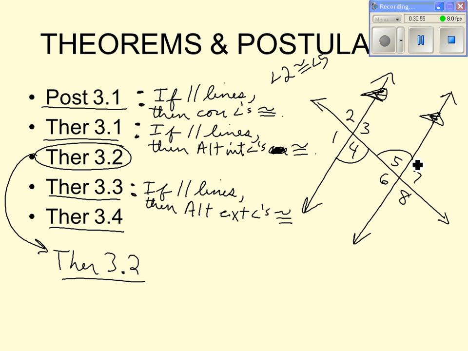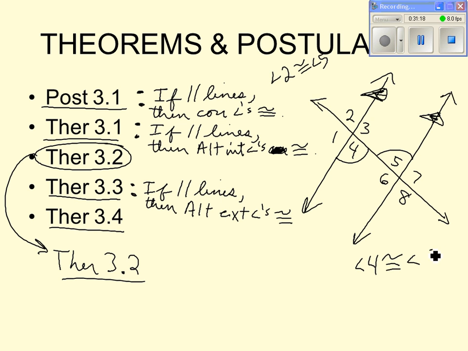What's the other word that we use instead of congruent? What goes along with that when we're trying to find the measure of something? You guys told it to me earlier. Let's do this. We know 4 is congruent to 5.